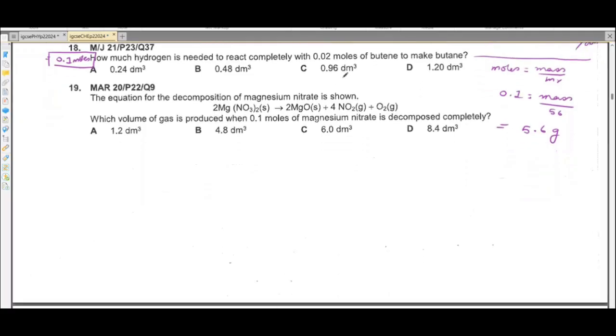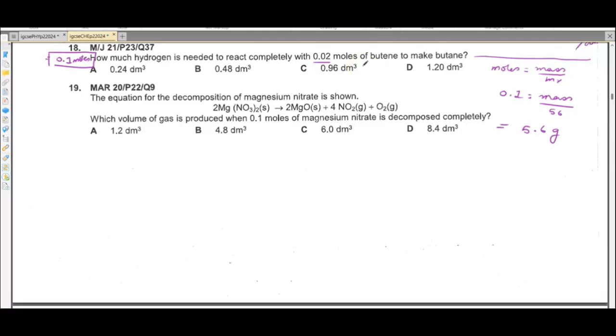So moving on to question number 18: how much hydrogen is needed to react completely with 0.02 moles of butene to make butane? Okay, butane is an alkane and butene is an alkene. You are going to know about these when you go to the topic of organic chemistry. But over here we don't need to indulge in that. Okay?